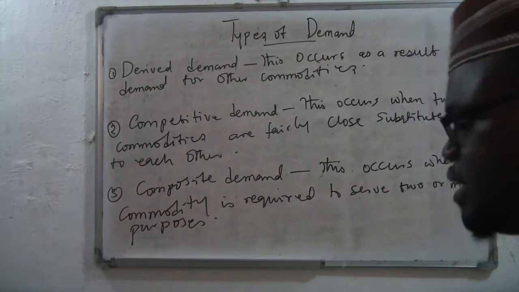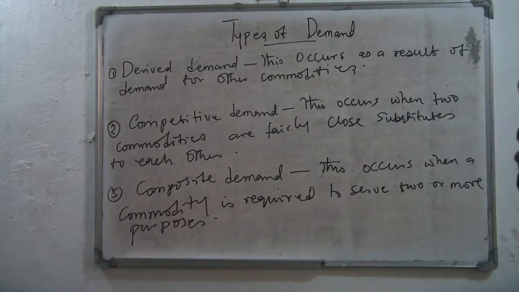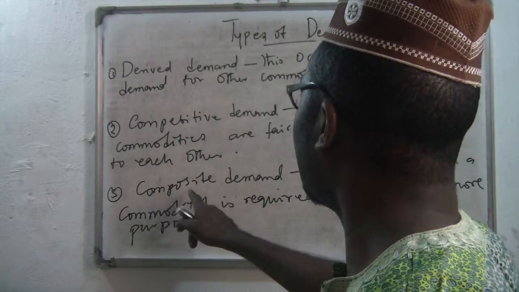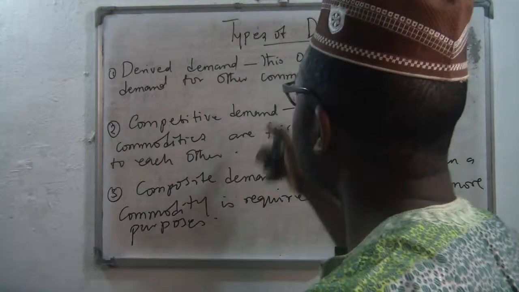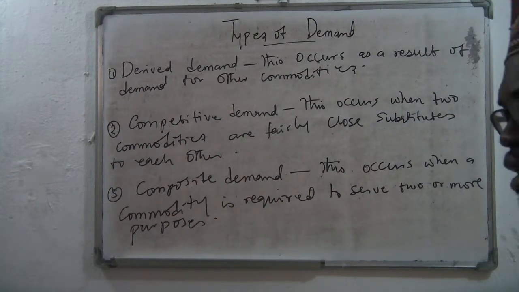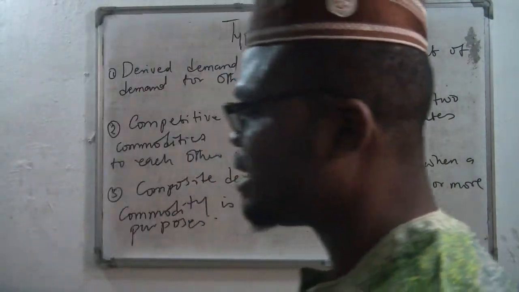There are three major types of demand: derived demand, competitive demand, or composite demand. We're going to explain these kinds of demand and give examples of commodities that have such demand.